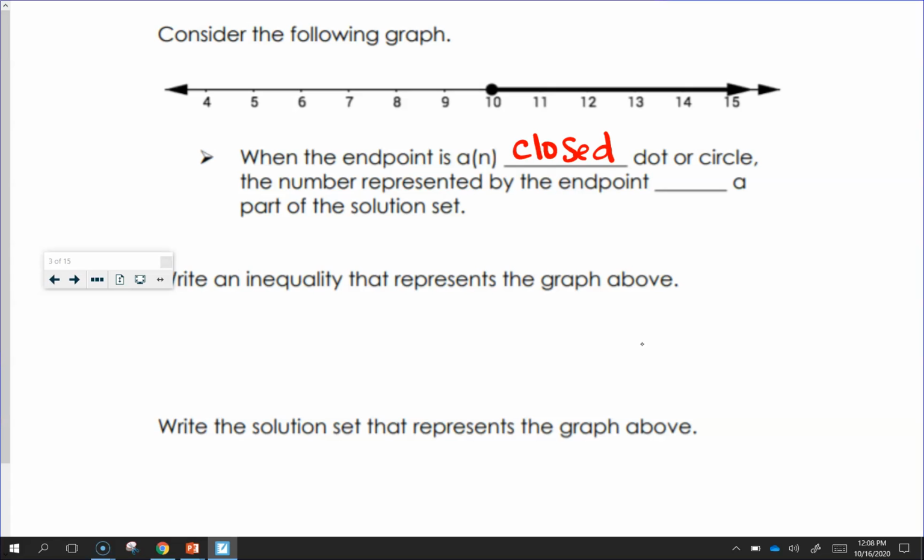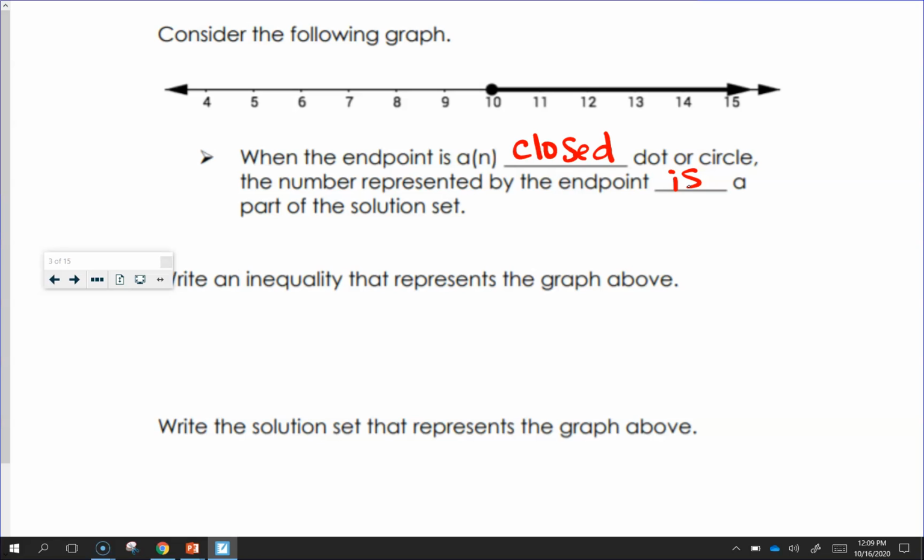So that means that the number represented by the endpoint, in this case 10, is part of the solution set. Open is not. If it's not filled in, it's not included. If it is filled in, it is included. So whatever inequality my last one came from, if I plugged in 2, it would not work. This one, wherever it got solved from, if I plugged in 10 to the original equation, the equation would work.